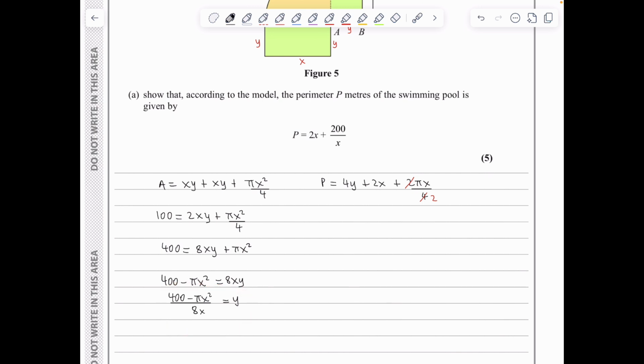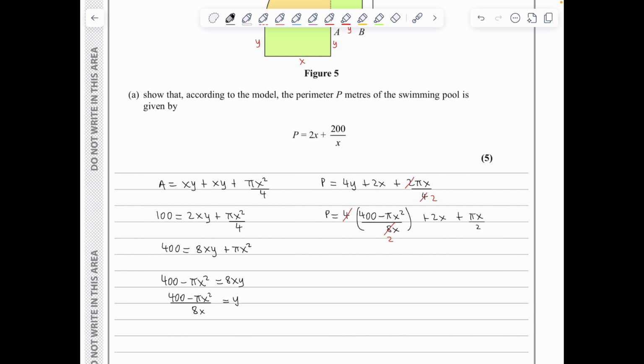So the perimeter capital P is given by 4 times the 400 minus pi x squared over 8x, we've got the plus 2x, and we also have got the plus pi x over 2. Now the 4 with the 8 will simplify to leave me with the 2 in the denominator.